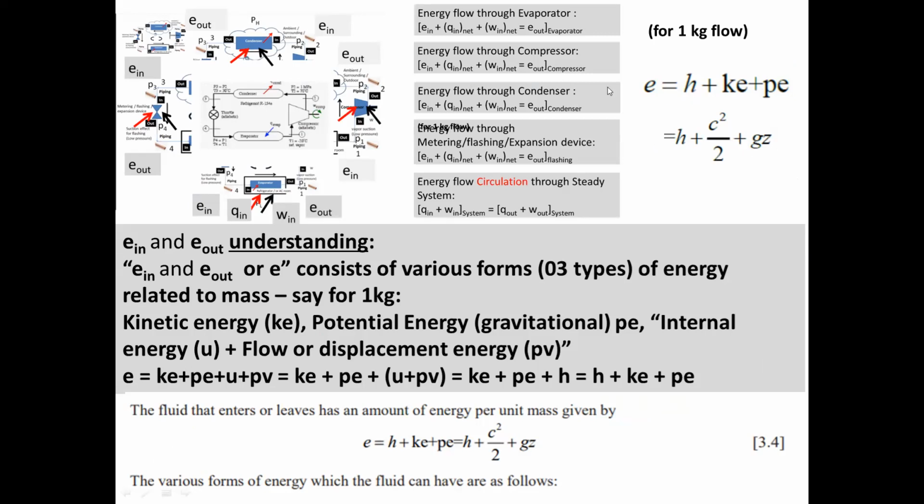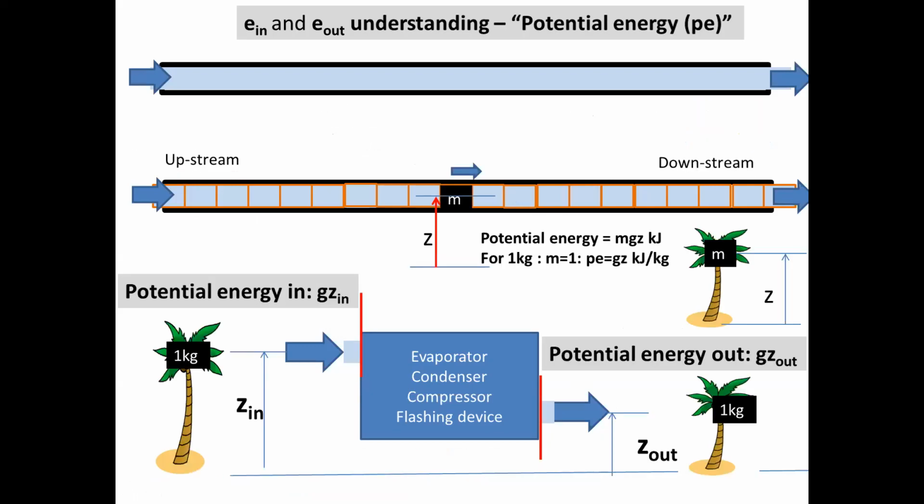So now you know this E in a much clearer way as H plus C squared by 2 plus GZ. Here H has two components, internal energy plus flow or displacement work, PV. So that's how H is U plus PV. Interesting.